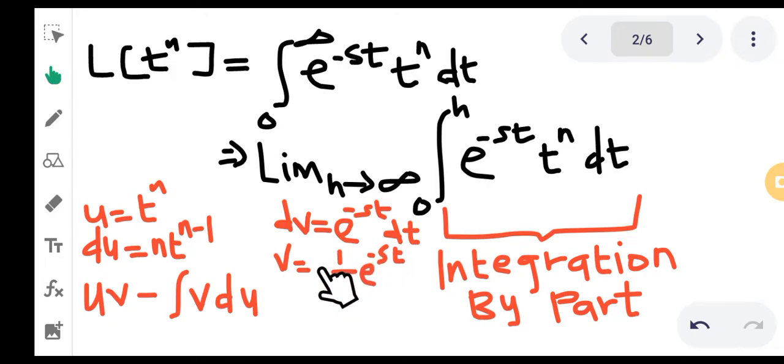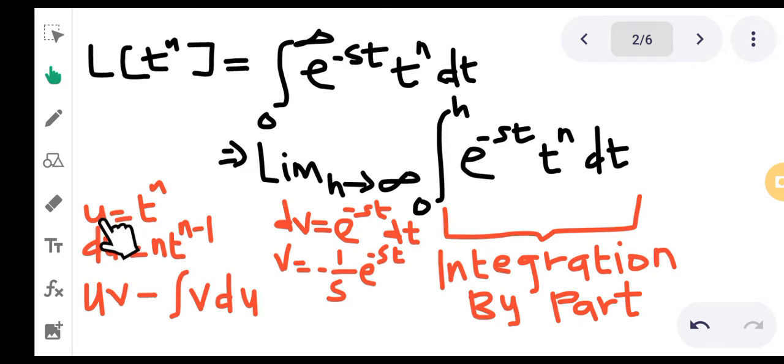So you are going to get minus 1 over s e exponent minus st. So this is the substitution we use for the integration by parts: uv minus the integral of v du.